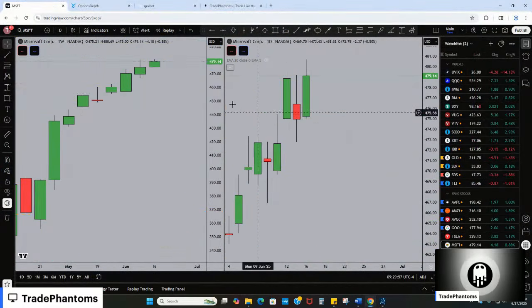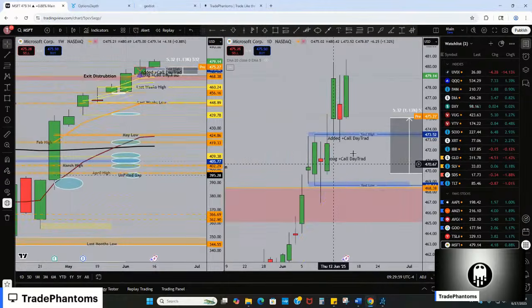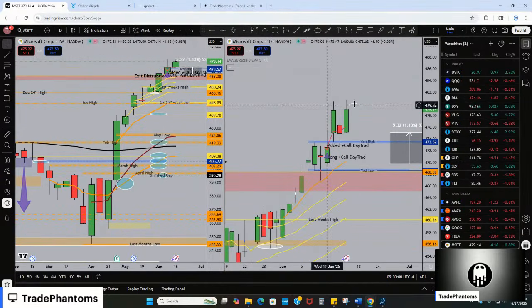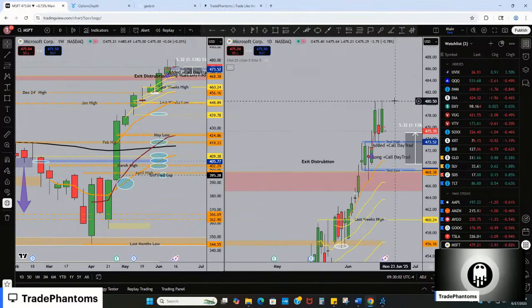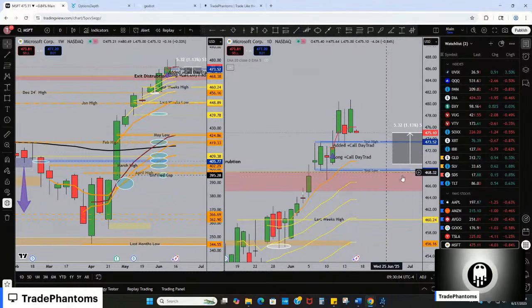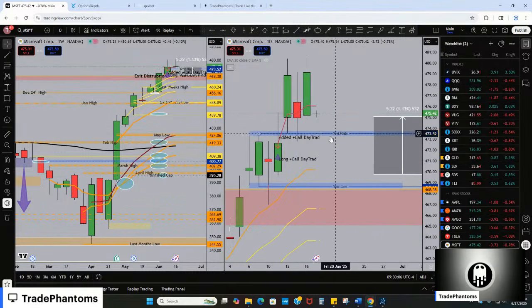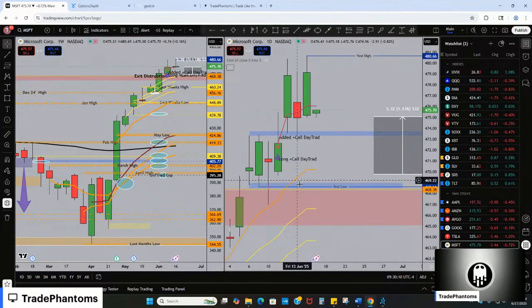My charts. Microsoft made a new all-time high yesterday real quick off that. Markets are open here. And we're already open here.